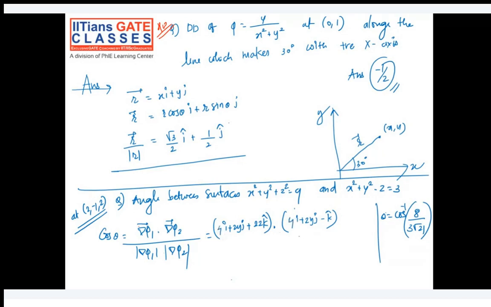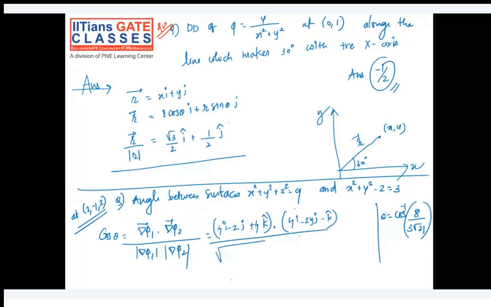And that will remain the same. Divided by under root of 4 square is 16 plus, again 4 square is 16 plus 4 is 36. And here phi 2 is 4 square plus 2 square, that is 16 plus 4 is 20 plus 1 is 21. If you further solve it, you should get 8 divided by 3 root 21. So that's why theta is equal to cos inverse of 8 divided by 3 root 21.